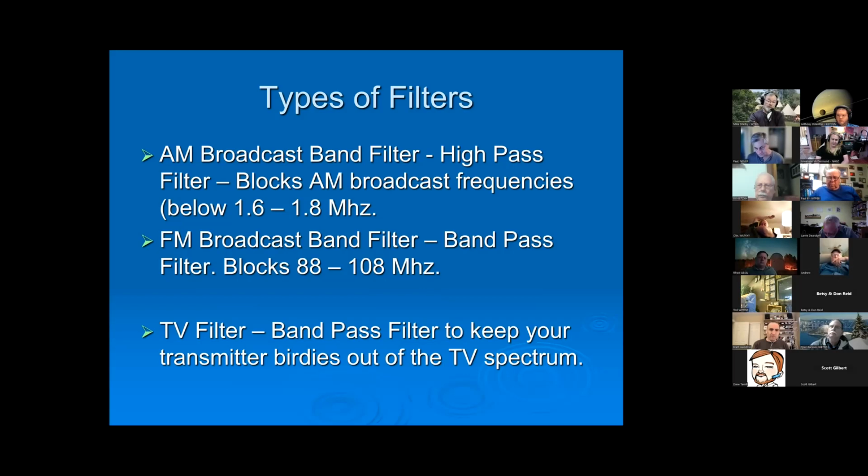So, a very typical use of filters. We talked a little bit earlier about AM broadcast. AM broadcast is a really nagging problem when you're trying to operate 160 meters, which is 1.8 megahertz up to 2 megahertz, and you're parked right next to the AM broadcast frequencies.